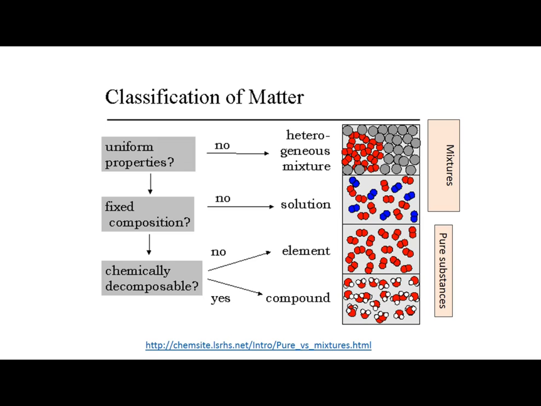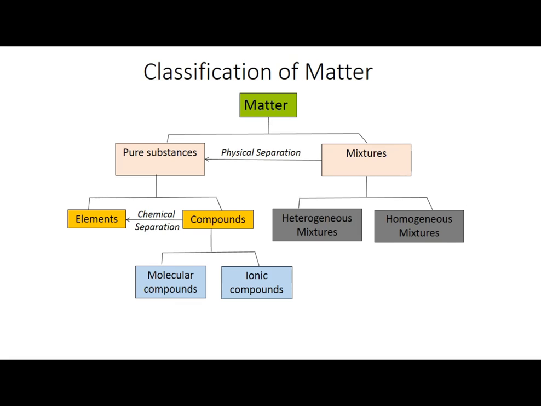If something has uniform properties, then it would not be a heterogeneous mixture. At the bottom, for chemically decomposable, if it is not, it's an element, and if it can be chemically decomposed, it's a compound. The chemical decomposition you can see on this flow chart between compounds and elements is chemical separation. That would require a chemical reaction to, for example, convert H2O into oxygen and hydrogen.